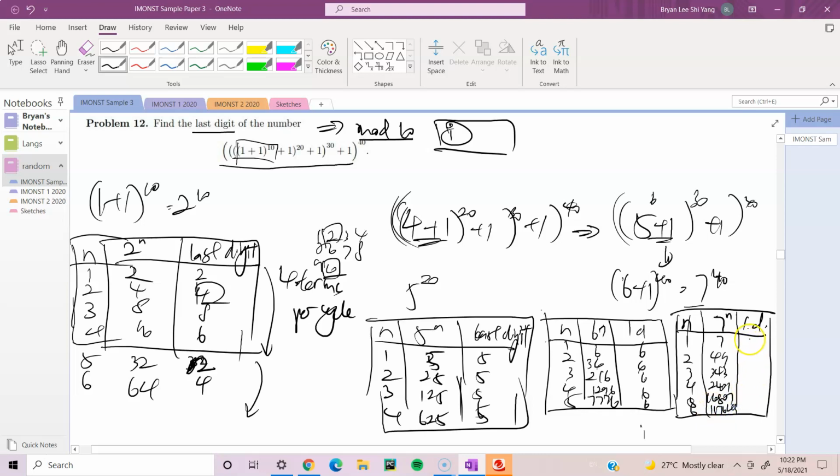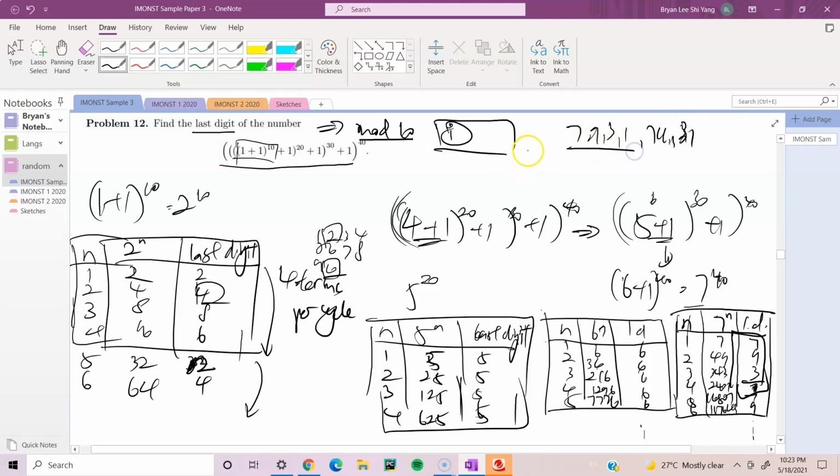So we can see here the last digits are respectively 7, 9, 3, 1, 7, 9, 3, 1. So this one also recurs in cycles of 4, like 7, 9, 3, 1, 7, 9, 3, 1, right?